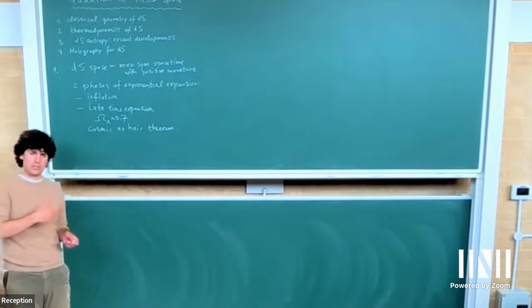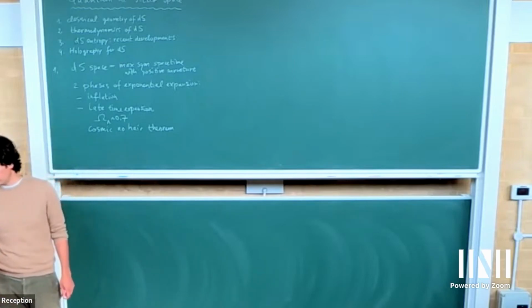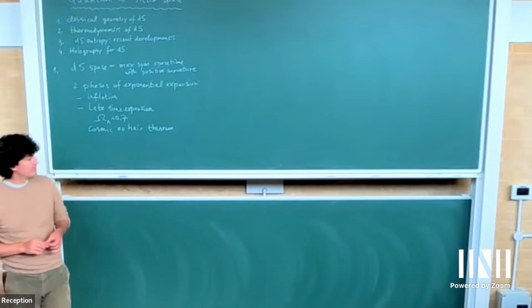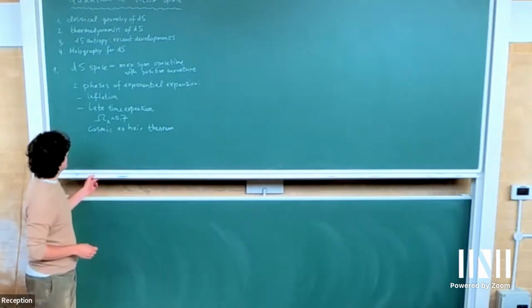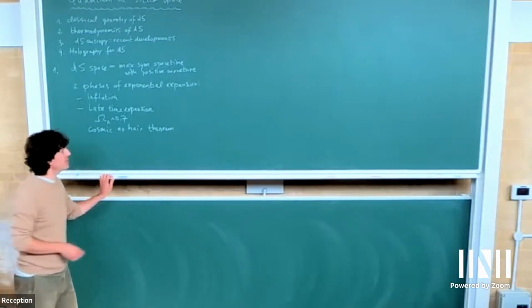So just like you have a no-hair theorem for black holes, you also have it for cosmological spacetimes, and then you have de Sitter space in the asymptotic future. Okay. So this was the motivation for why we're studying de Sitter space.